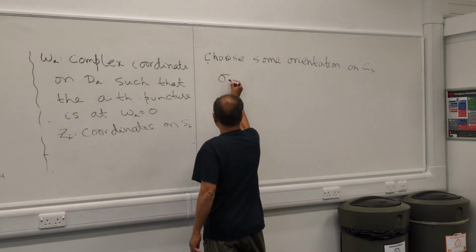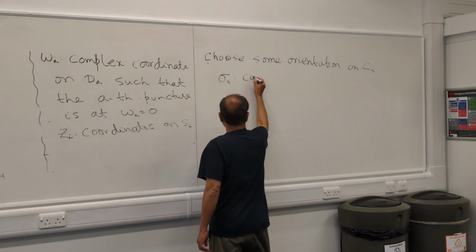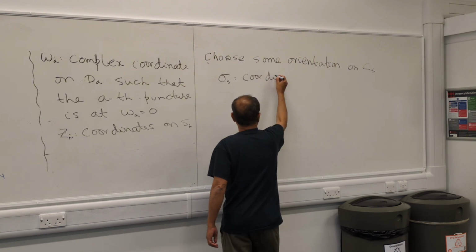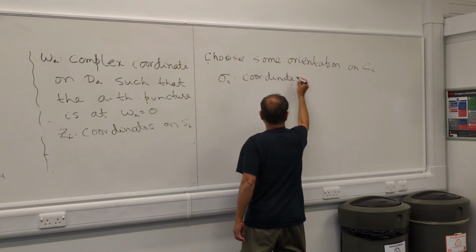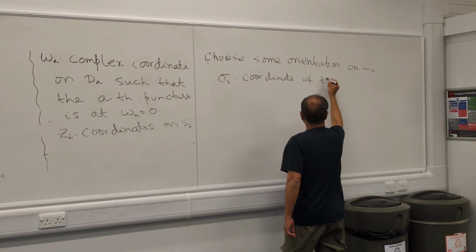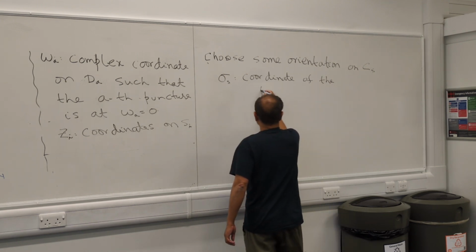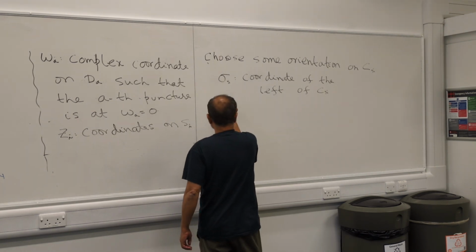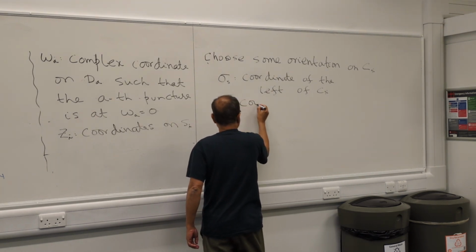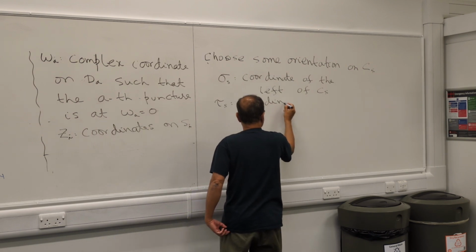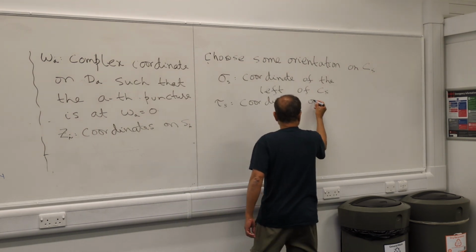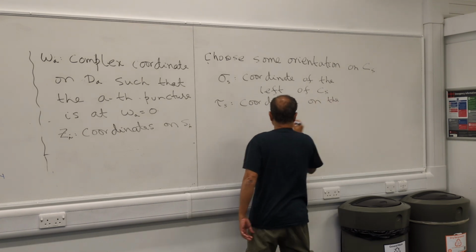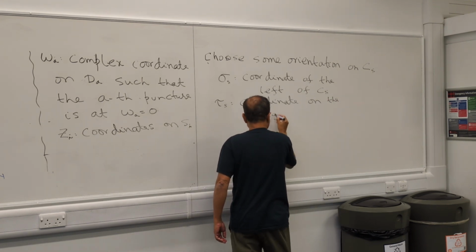And we'll define by sigma s the coordinate on the left of CS and by tau s the coordinate on the right of CS.